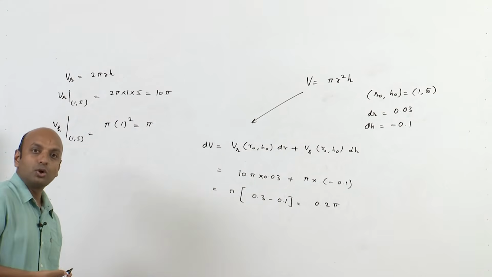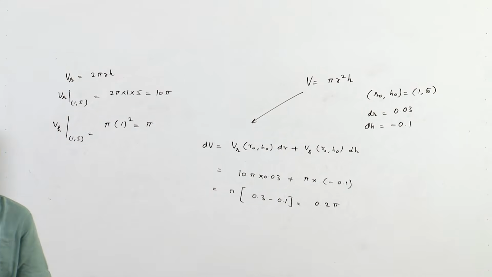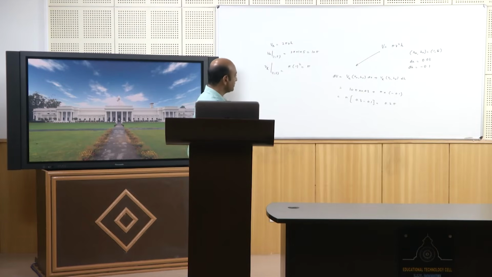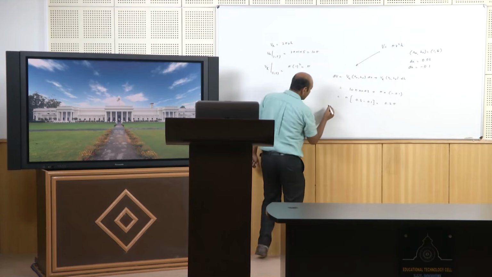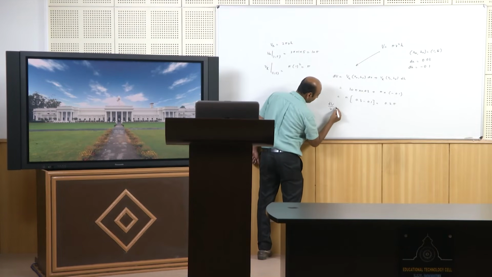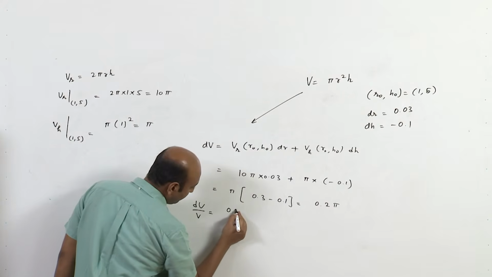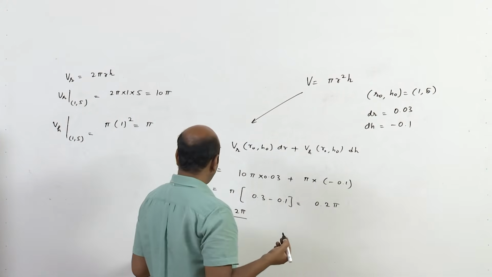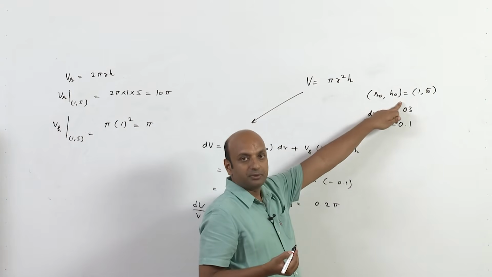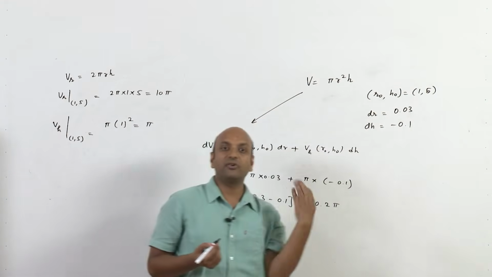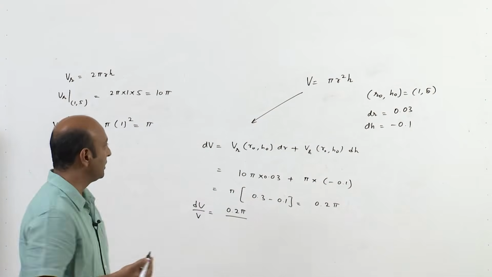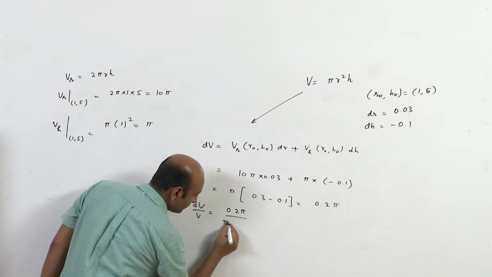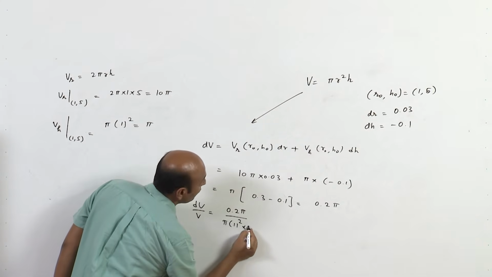Okay. So, what will be the relative change? Relative change will be dV upon V, that is 0.2 pi upon the value of V at r naught, h naught, the value of the function at x naught, y naught. That will be pi r square into h.